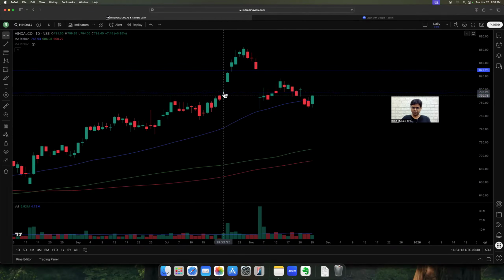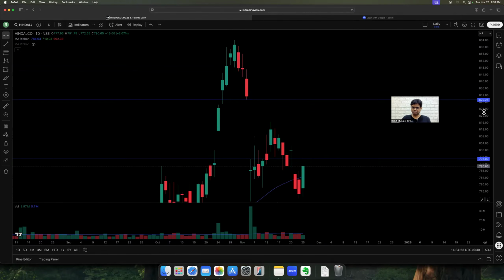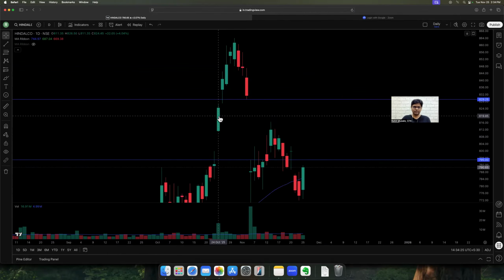One is this rising window between the high of this candle and the low of this candle. Then another rising window is between the high of this candle, which is 826.50, and the low of this candle, which is 827. So there is a small rising window here as well.